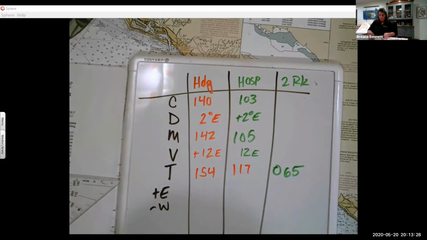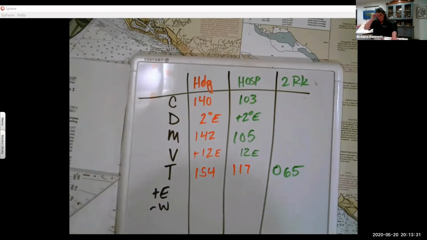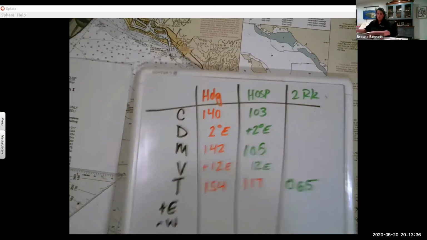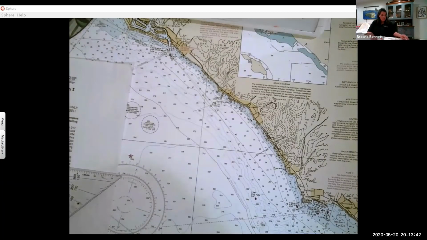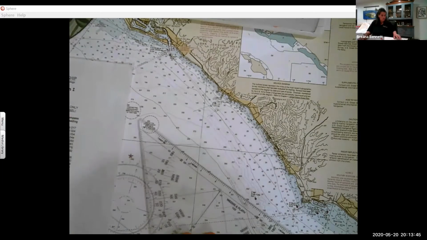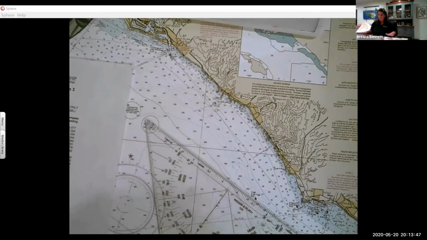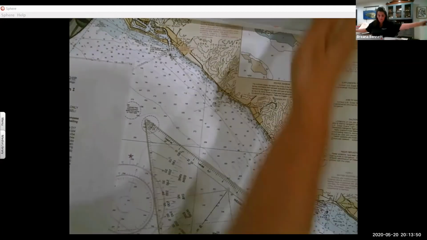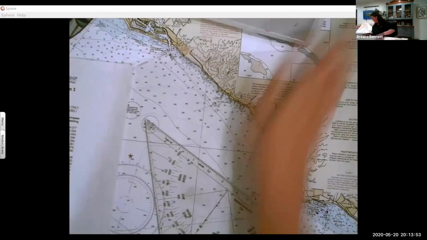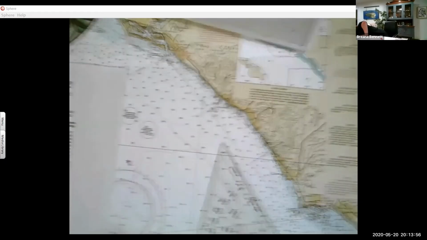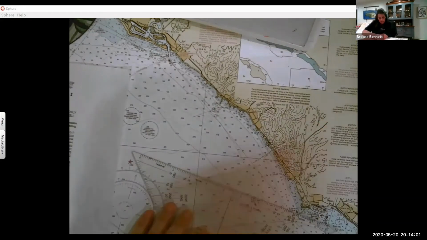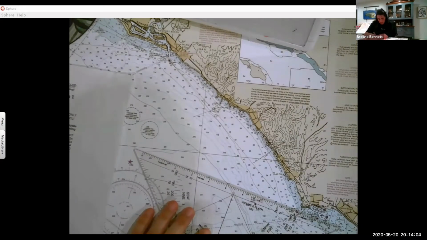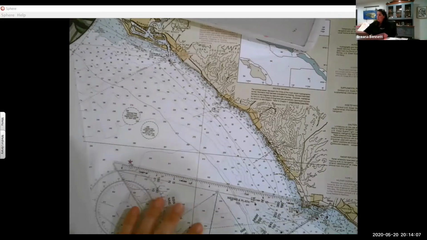Okay, so that up here so then you can see me plot. I've lost my pencil. Okay. We are plotting South Laguna Light bearing 117.